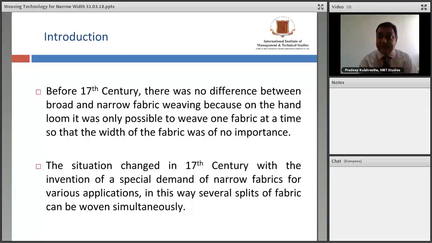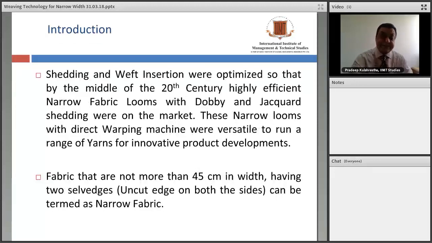Before 17th century, there was no concept about the narrow width fabrics because only single split fabric was woven on the handlooms. After 17th century, concept of narrow weaving has come and application in several splits were started simultaneously.